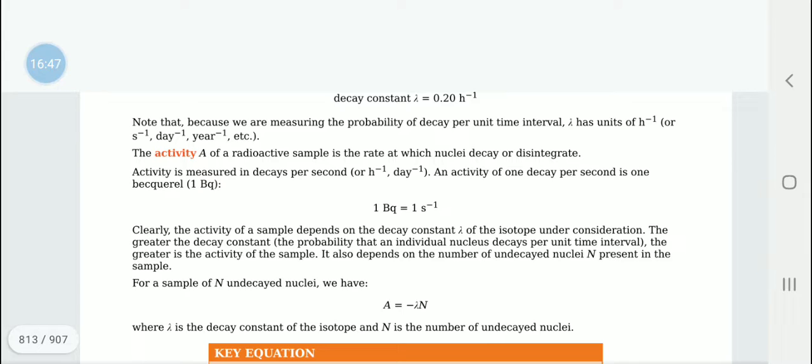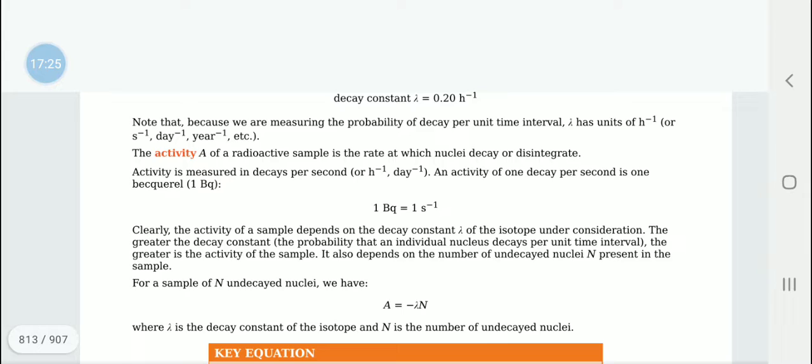If there is 500 million becquerel, that means 500 million nuclei would disintegrate within a second, which is obviously more than 200,000 becquerels, where only 200,000 nuclei would disintegrate in the same time. It will also depend on the number of undecayed nuclei N present, because if N reduces, the activity would reduce as well.